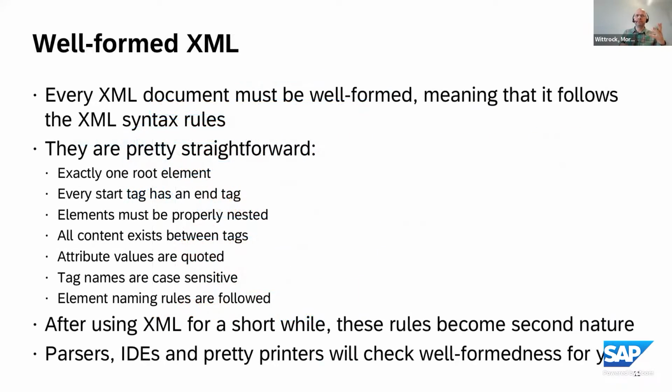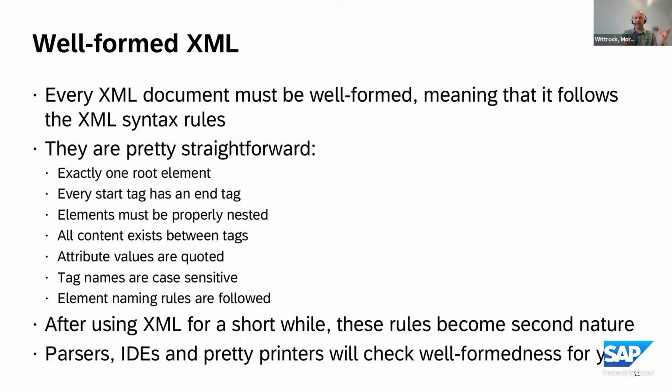And with that terminology in place, we can talk about the concept of well-formed XML. Basically, every XML document must be well-formed. And that means that it follows the syntax rules of XML. And that probably sounds a bit more complicated than it actually is, because the rules are really quite straightforward. I'll show some of them afterwards, but basically it boils down to this: there can only be one root element.